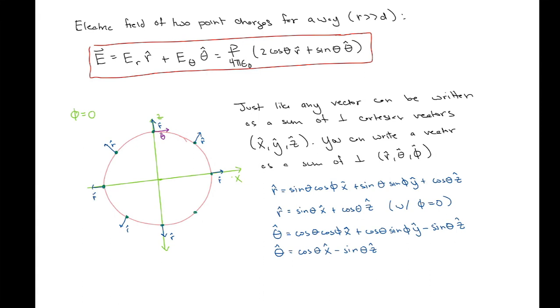When I'm down here, I'm going to get a vector that points in the negative z hat direction. When I come all the way down here, I'm going to get a vector that points in the negative x direction, still perpendicular to r hat. And I can go ahead and follow this around.